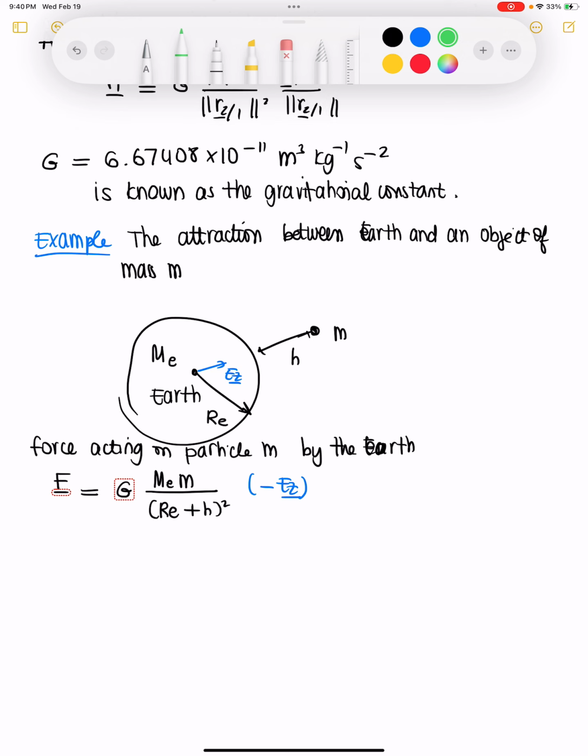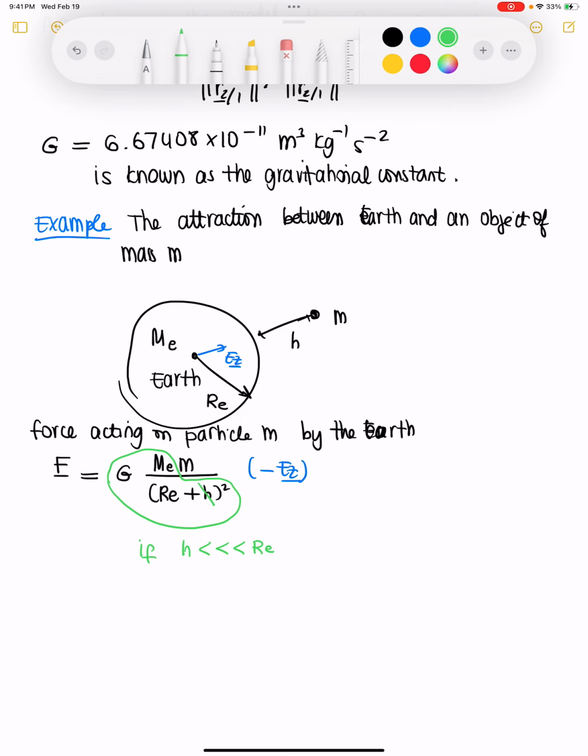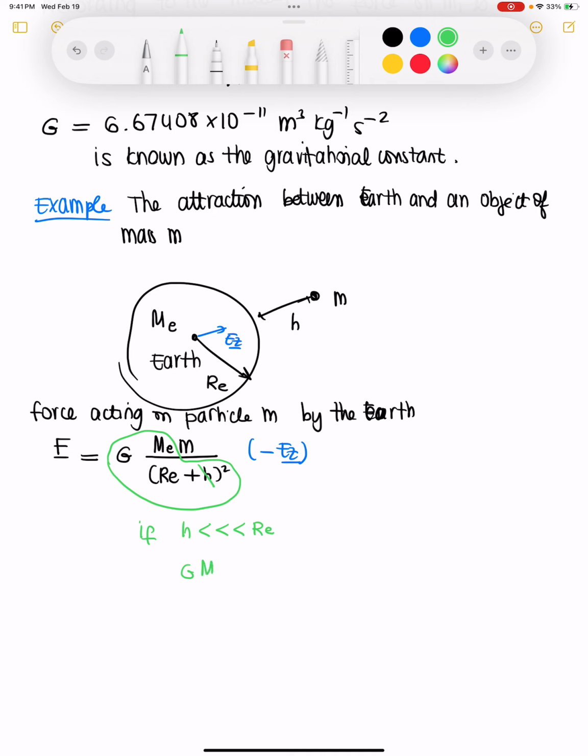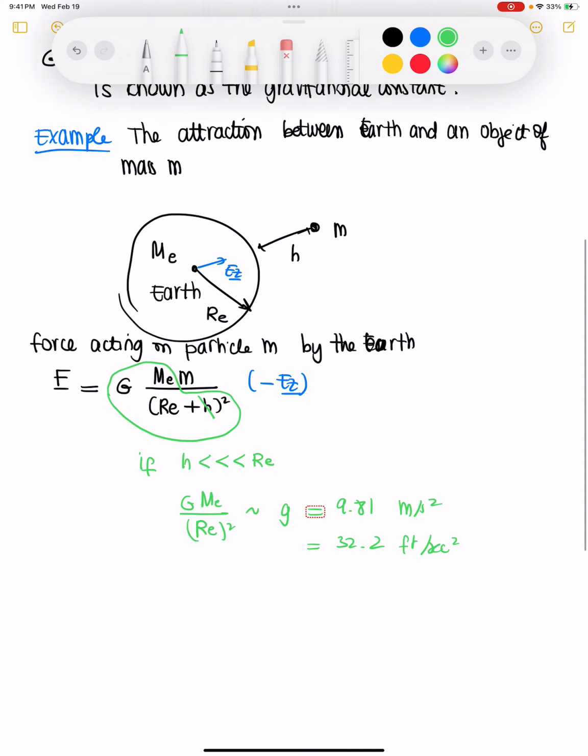And guess what happens when you combine these terms if you neglect h? So if h is very much smaller than the radius of the Earth, for yourself, you're just not too high from the radius of the Earth, very small with respect to the radius of the Earth, then this quantity G m_E over r_E squared becomes equal to g, 9.81 in SI units, or 32.2 feet per second squared in US units.